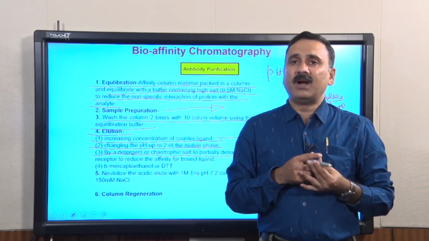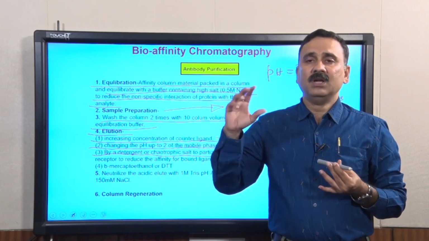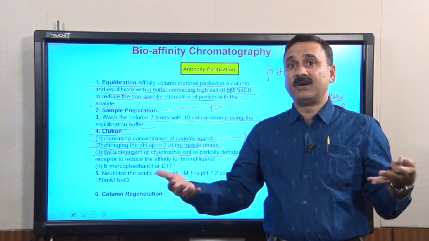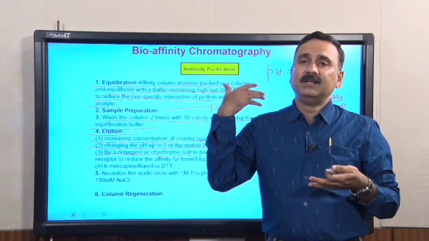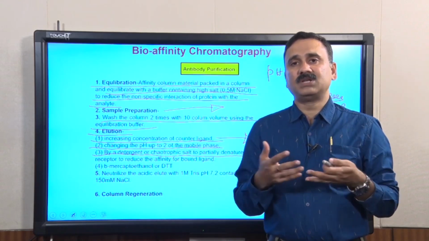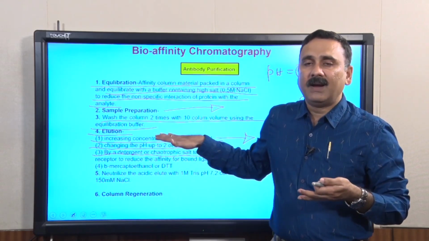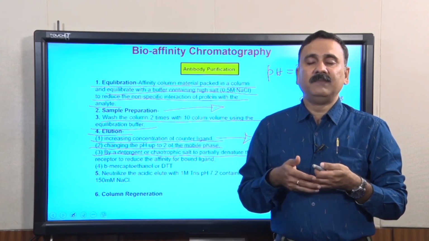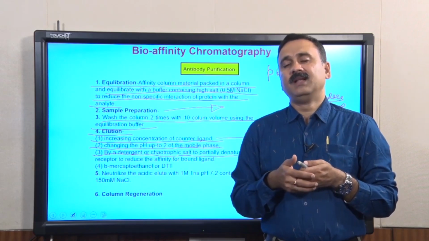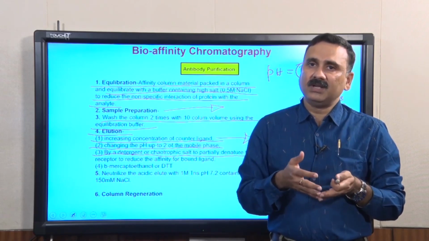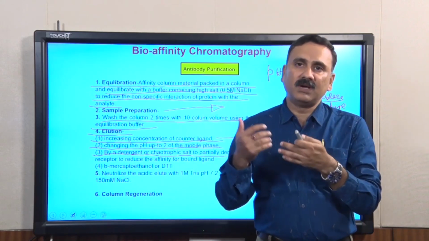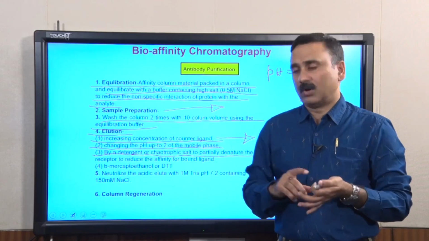And you know, the antibody binds the antigen through complementary interactions or complementary fitting, followed by extensive electrostatic, van der Waals as well as salt bridge interactions with the antigen. So, once you supply the urea or GdmCl, you are going to destroy the 3-dimensional structure of the antibodies, and in that process the antibody is going to have reduced affinity for the antigen, and that is how the antibody is going to be eluted from the column.